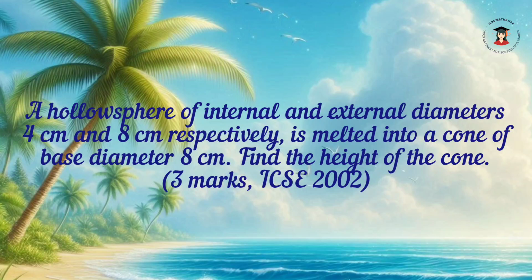But here, we are given the diameters. So diameter divided by 2 will give the radius. A hollow sphere of internal and external diameters 4 cm and 8 cm respectively is melted into a cone of base diameter 8 cm. We need to find out the height of the cone. This question has been asked in 2002.